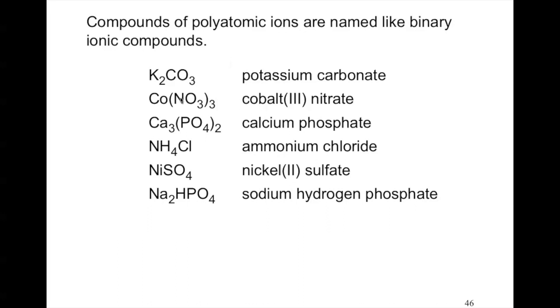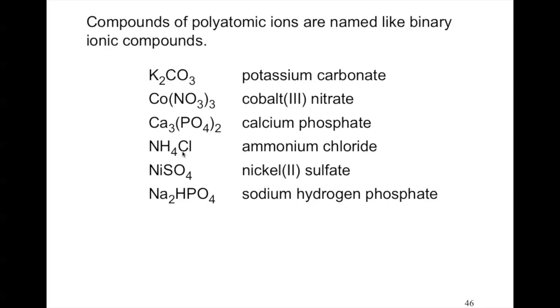So we write the formula in the following way. We have our cobalt. We write a bracket around our polyatomic ion, NO3-, and then we put a subscript counting 3 individual nitrate polyatomic ions in our formula. So our formula really consists of 4 pieces, a cobalt +3 ion and 3 nitrate ions.